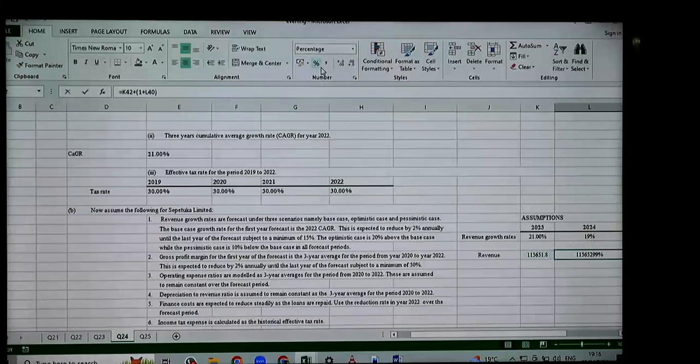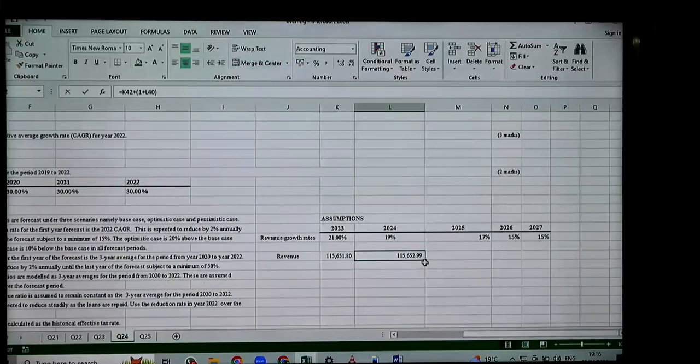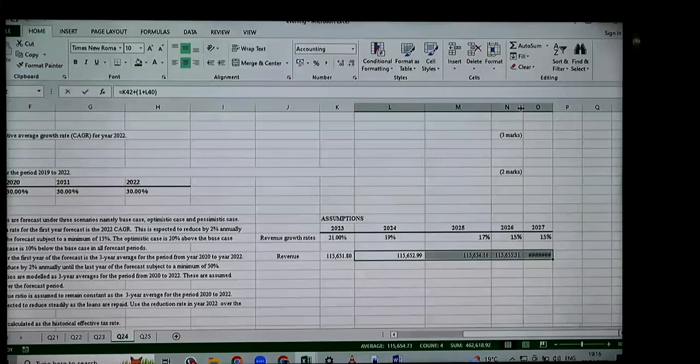Then I'll make it absolute, also this one. Okay, so this will be our revenue growing, isn't it? Then I just drag along. So these are our revenue.